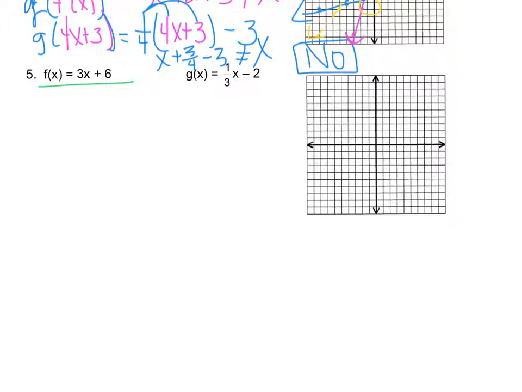So function f is 3x plus 6. Function g is 1/3 x minus 2. So I'm going to start off algebraically. I'm going to find f of g of x. So my input is going to be my function g, which is 1/3 x minus 2.